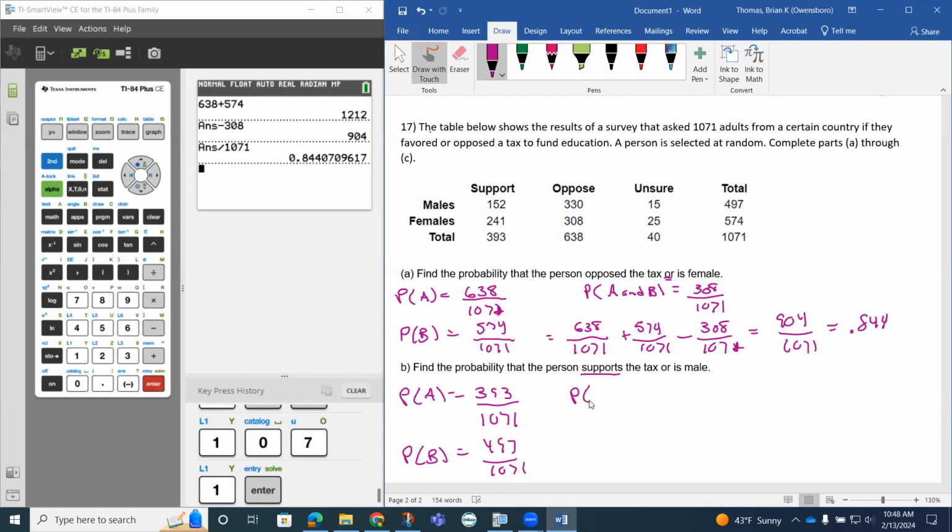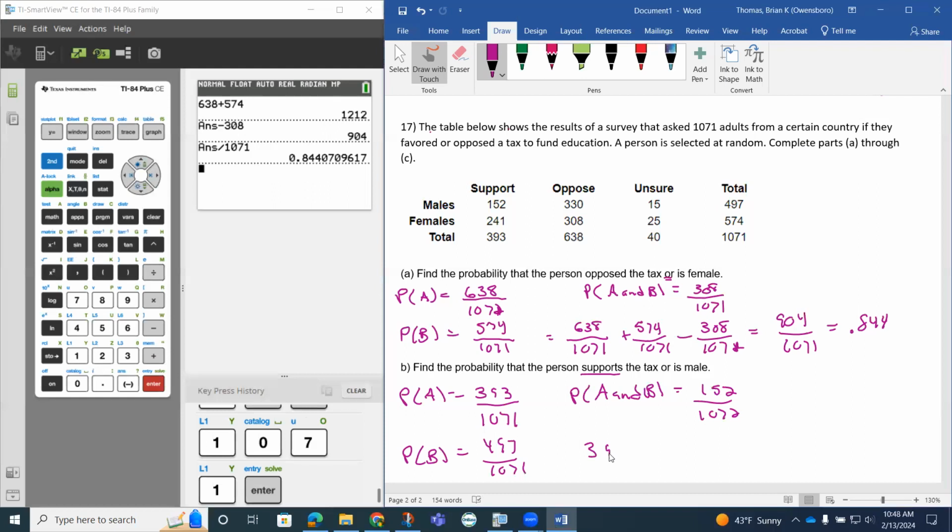But is there somebody who supports the tax and is male? Notice that the males who support is 152. So 152 out of the 1,071 are male and support the tax. So we have to remove that from the problem.